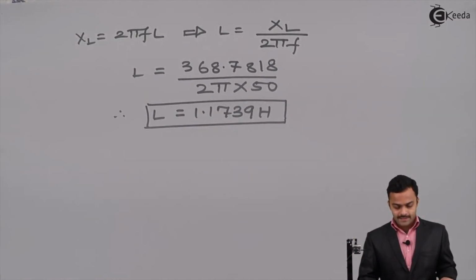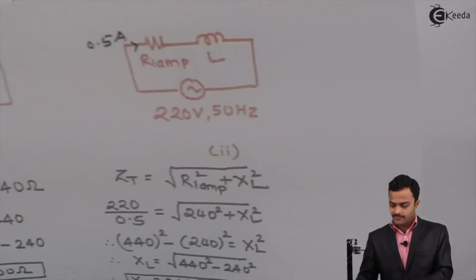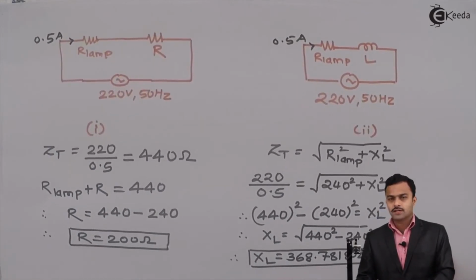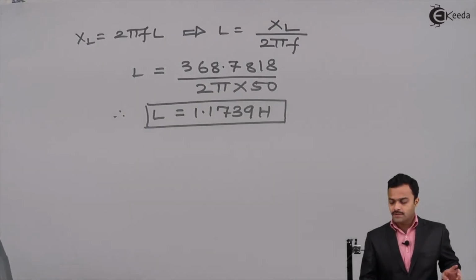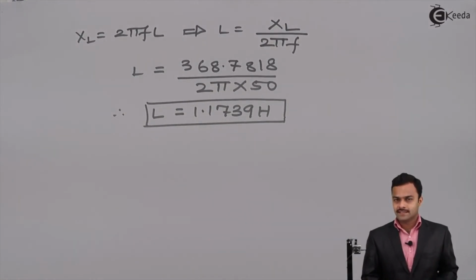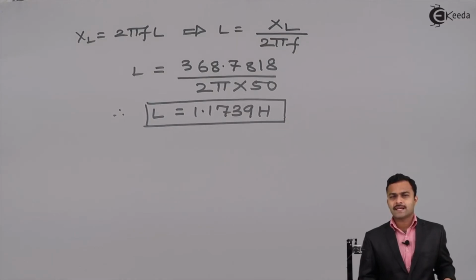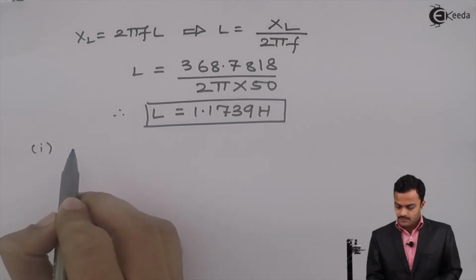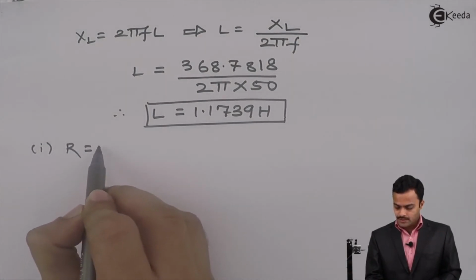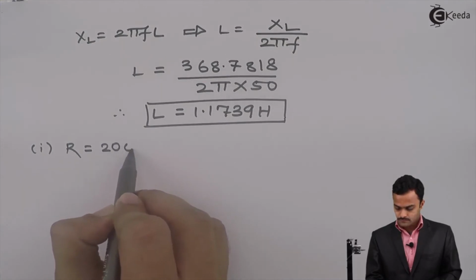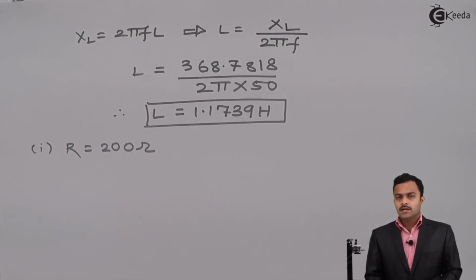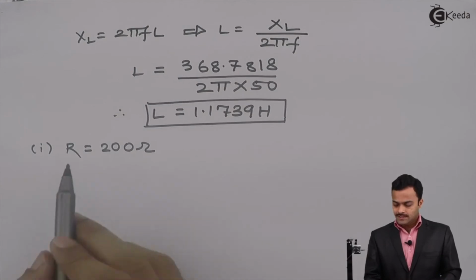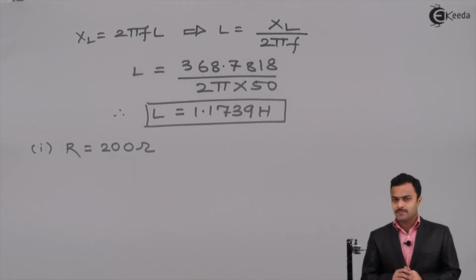So in both the cases, I can get the desired result if I connect a resistance of 200 ohm or an inductance of 1.1739 Henry. Now the second part of the question, which method is preferable and why? Let's consider the first method where the resistance we obtained is 200 ohm. If I am using this technique, this resistor will consume some power.